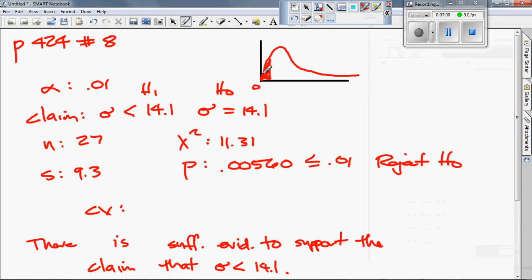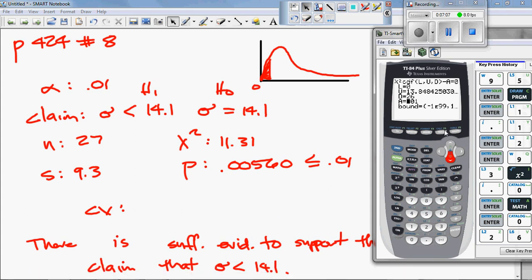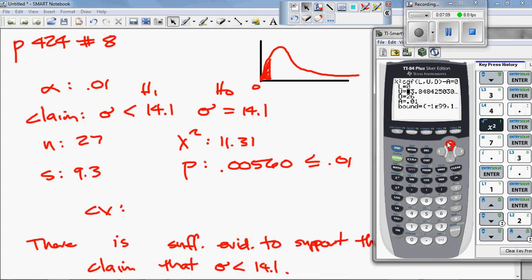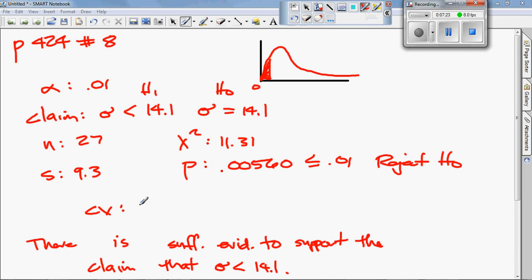So this area under the curve is going to be all of alpha, 0.01. So we're going to enter 0.01. Go back up to the U for upper boundary, so we can solve for the upper boundary. Alpha, enter. And that critical value will be 12.20. Alright, so we're all done.